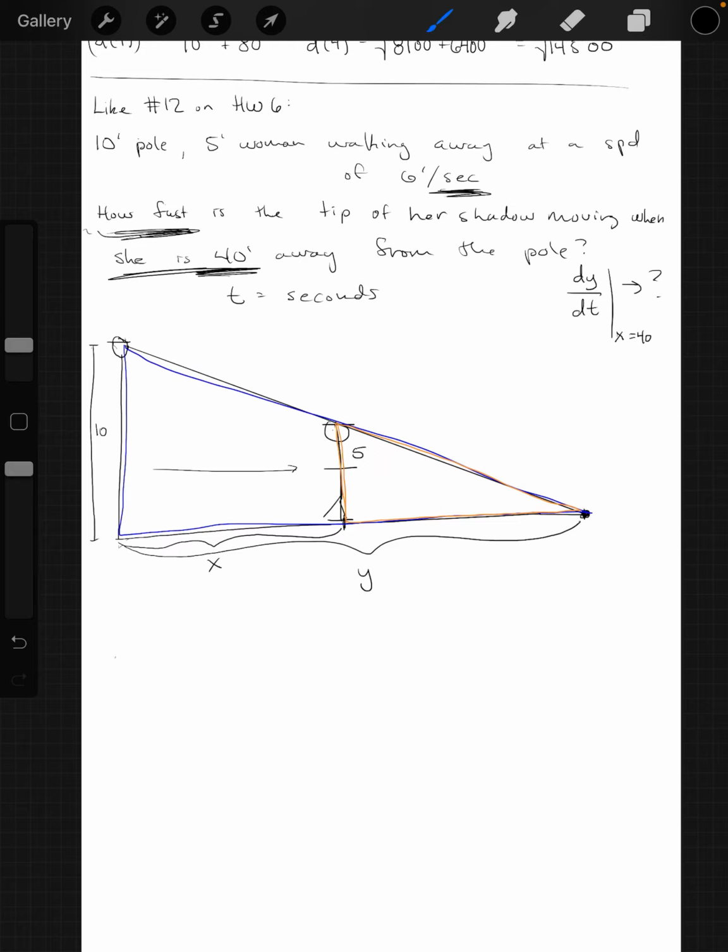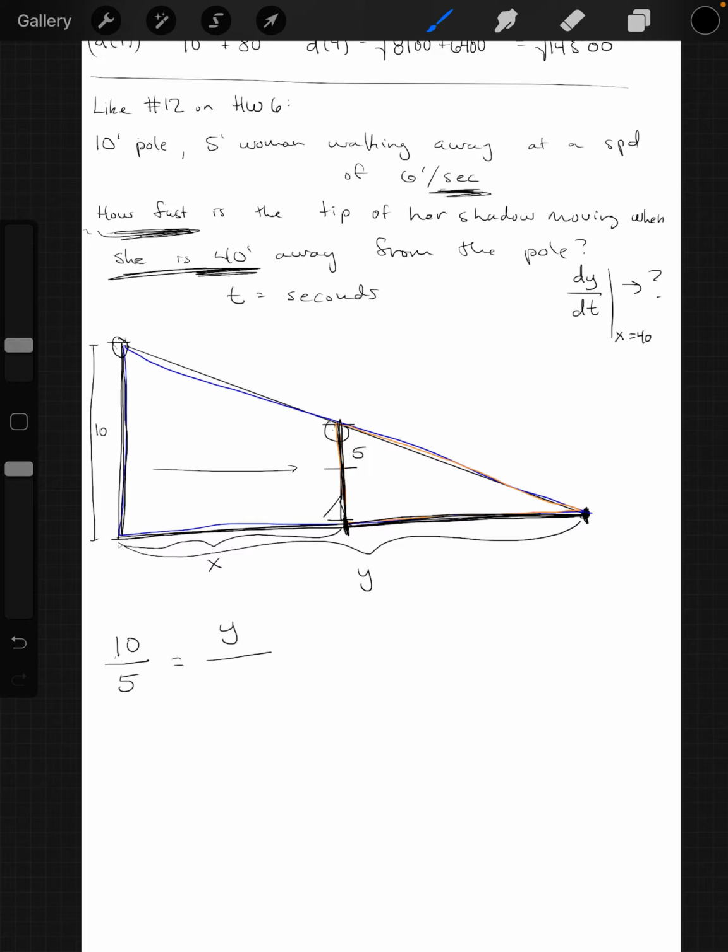So what that tells me is that, let's see, 10 divided by 5. So if we take this side, the ratio of that and that side is going to be the same as the ratio of this long piece here, which is y, divided by the length of this piece here, which gives us a bit of a moment's pause because we don't have a name for that yet, right?